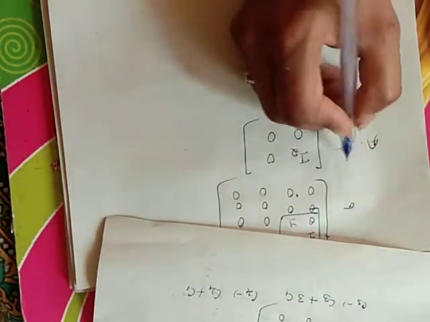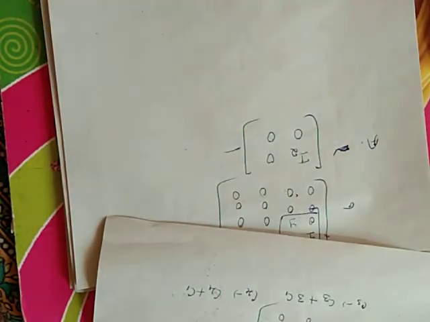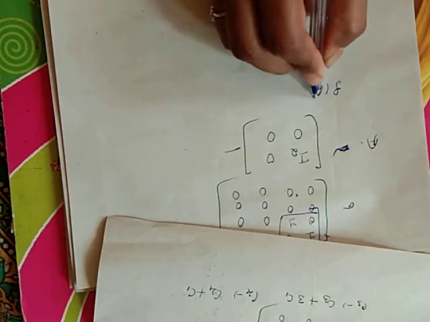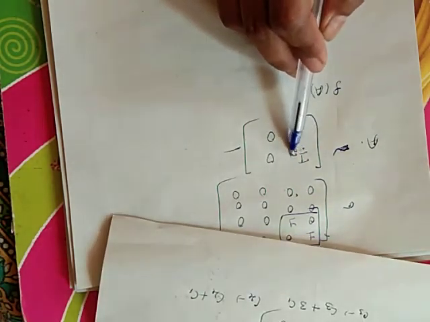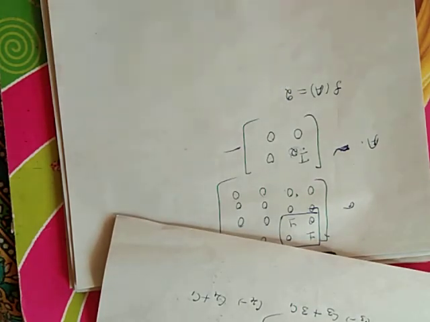So now we have to convert it into the normal form, that is A is equivalent to the normal form I2 0 0 0. So now the rank of A equals the order of the identity, that is 2. So rank of A equals 2.